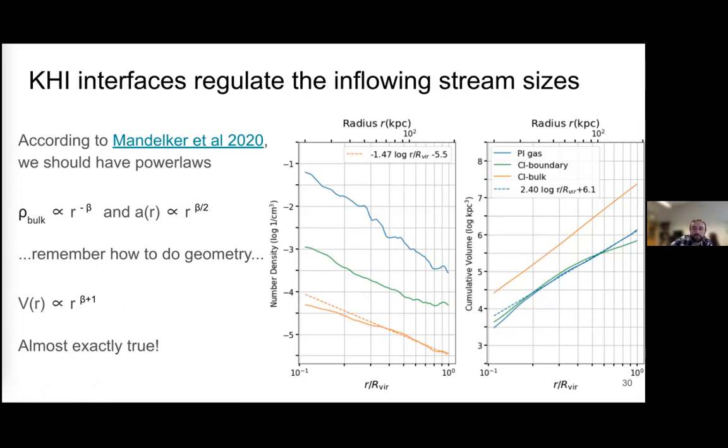And that's actually almost exactly true. When we look at the power laws here, the density of the bulk is about negative 1.47, and the slope of the volume is about 2.4. So right, the negative of that plus 1. This seems like the Kelvin-Helmholtz instability layer is a plausible reason for why our streams stay the size that they are, and it regulates the size of the streams as they go in.